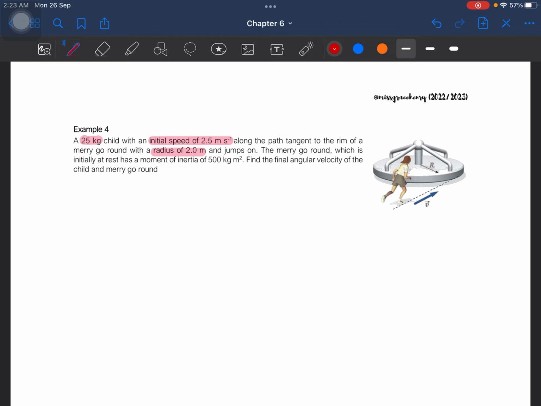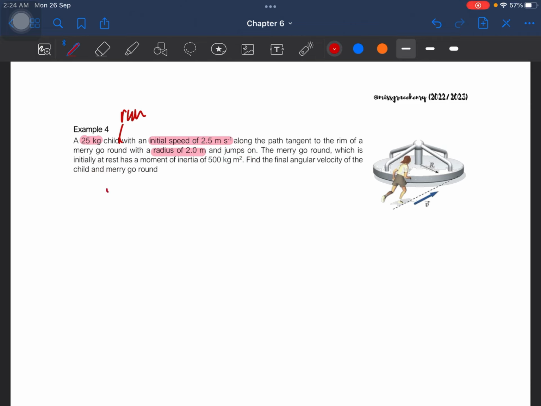A 25 kilogram child runs with an initial speed of 2.5 meters per second along the path tangent to the rim of a merry-go-round with a radius of 2 meters and jumps on. Logic sikit kalau dah run. So the merry-go-round, which is initially at rest, has a moment of inertia of 500 kilogram meter square.